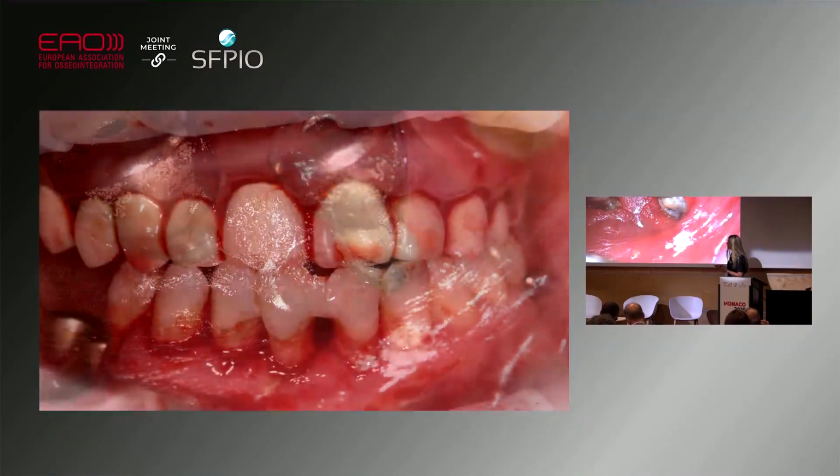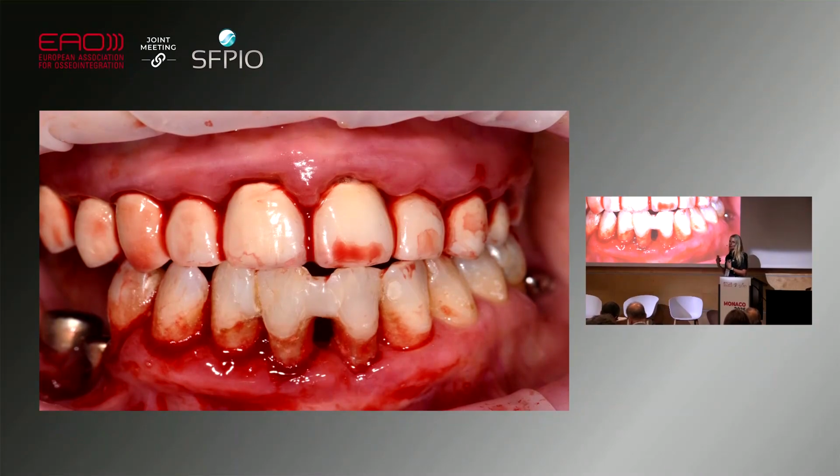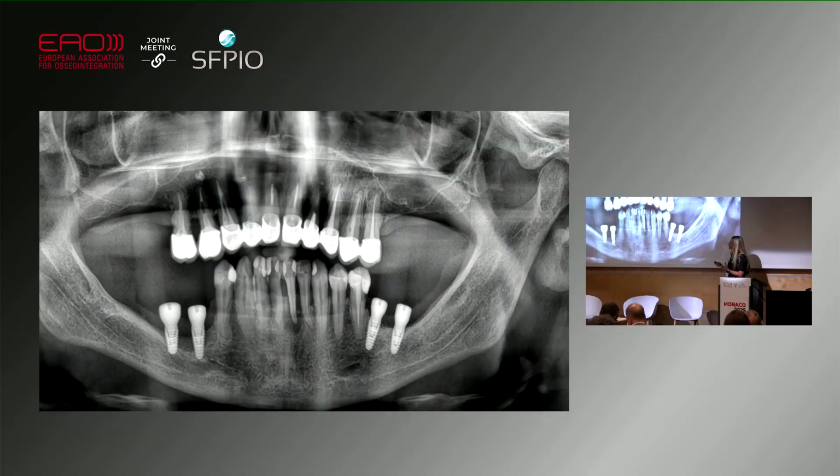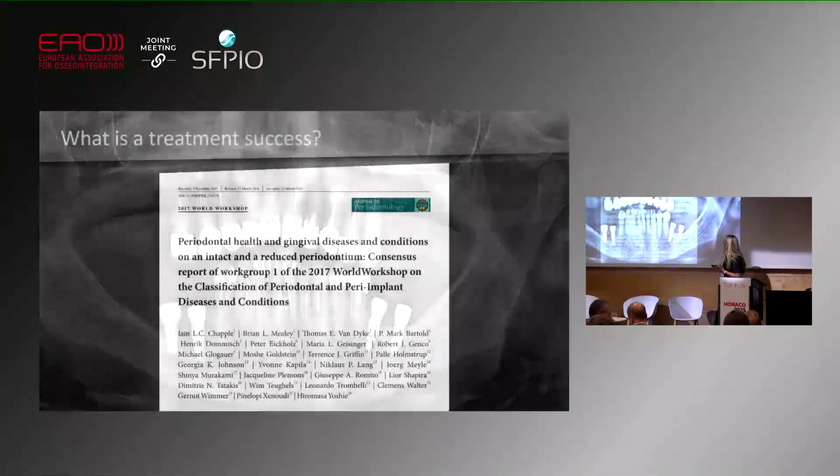So very obvious that the perio status was not evaluated well before starting with any other procedures in a patient's mouth, and this is not an exaggeration, this is just a simple probing, bleeding on probing, okay? So obviously the perio status of the patient was ignored before starting with prosthetics and implant therapy.